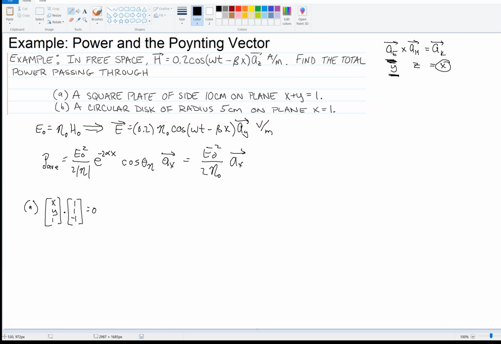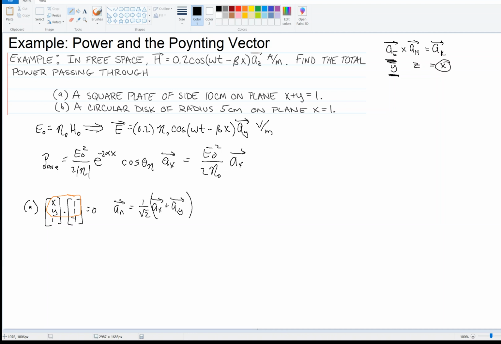And so the normal vector, here's what we look to find the normal vector. A vector that is normal to this plane is 1 over root 2 times ax plus ay. Again, we've been using this trick for quite some time now, going back to our study of vector calculus earlier in the course.